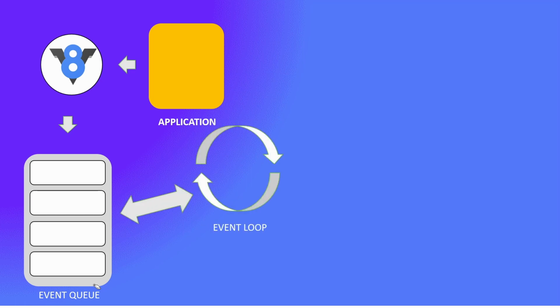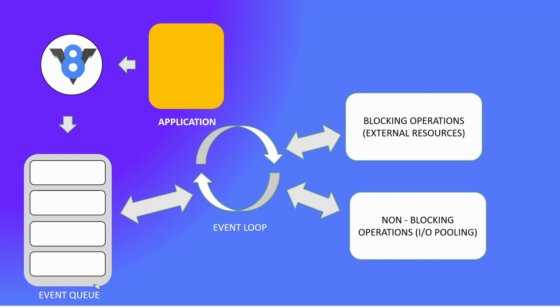Next, the request will be shared with the event loop. The event loop receives the request from the event queue and sends the response to the client, and here it will decide where the request should be sent, whether to a blocking operation or a non-blocking operation.